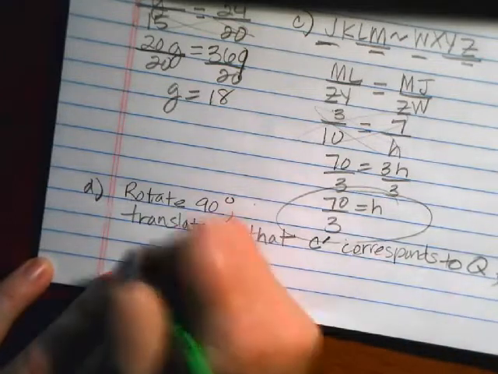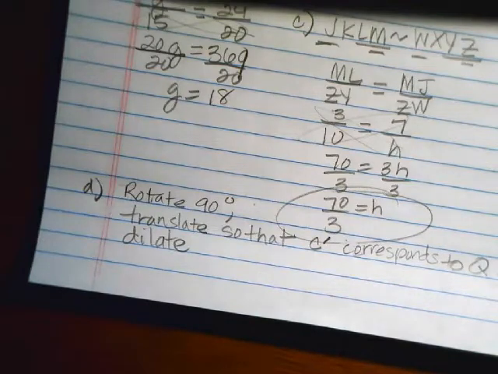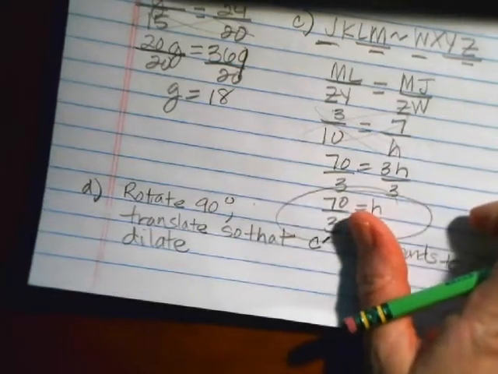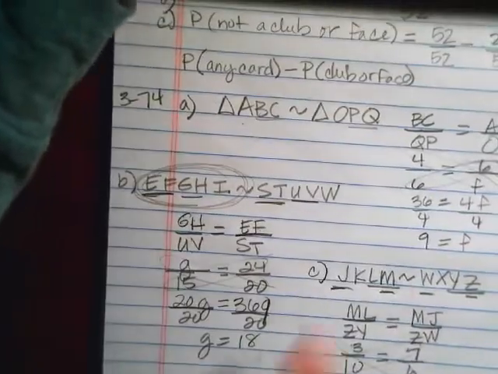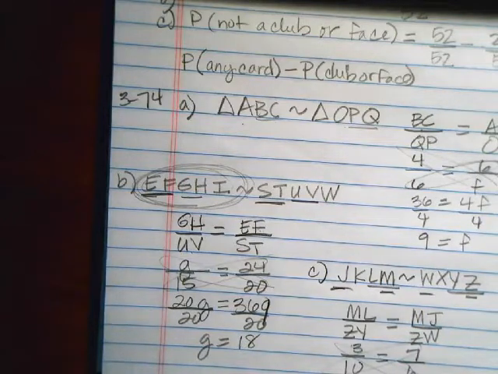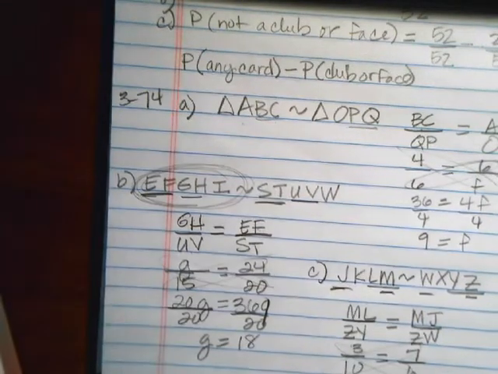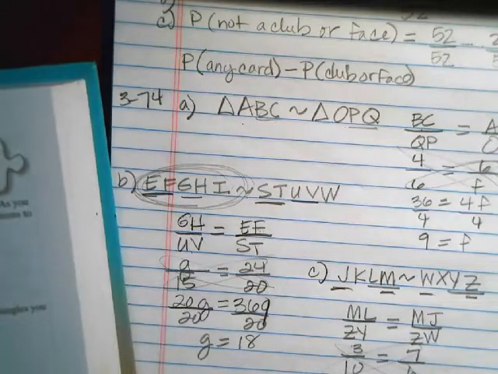And dilate. And the factor of dilation, if you look at the scale factor from part A, that scale factor was 4 over 6. And if we're considering, oops, I lost my spot.